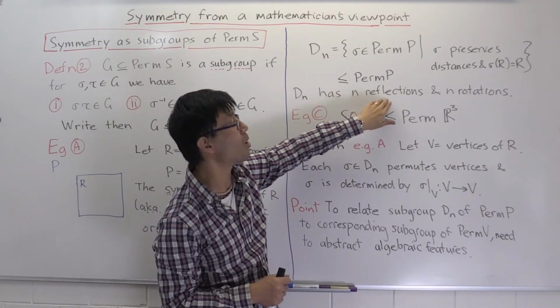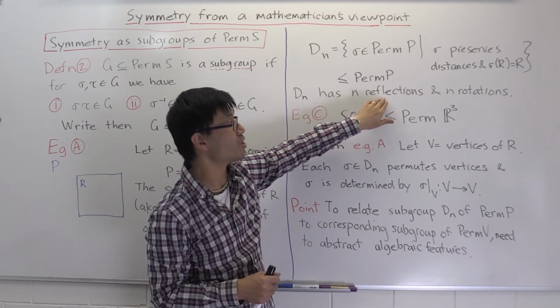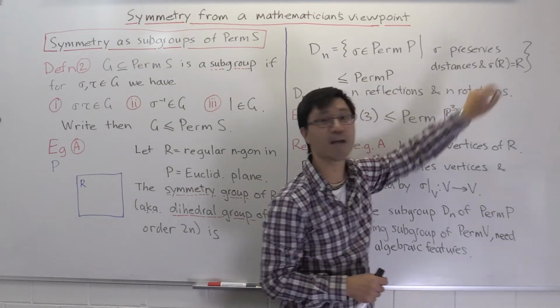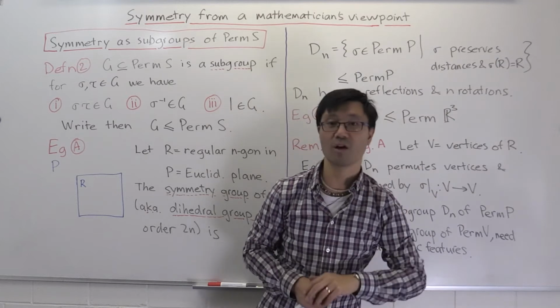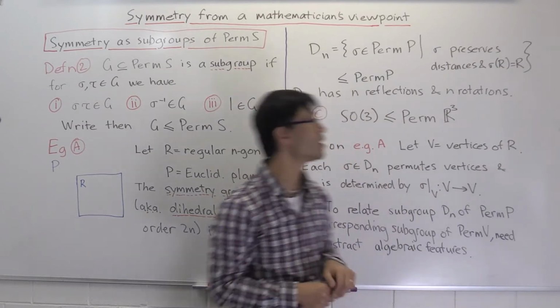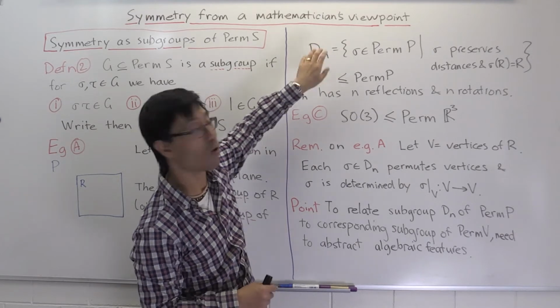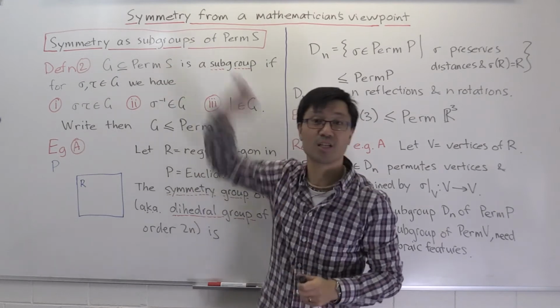Remember, when you compose 2 reflections in the plane, of course, you get a rotation. And if those reflections happen to be symmetries of your regular n-gon, then that composite rotation will also be a symmetry of the regular n-gon. So that's an example, and it shows that the way we looked at symmetries for regular n-gons in the plane fits into this definition.